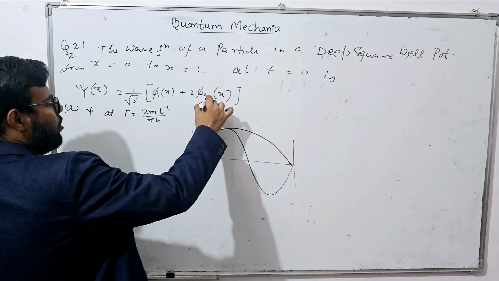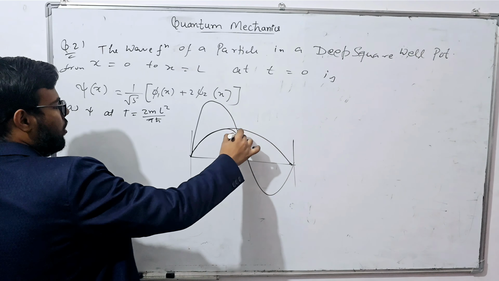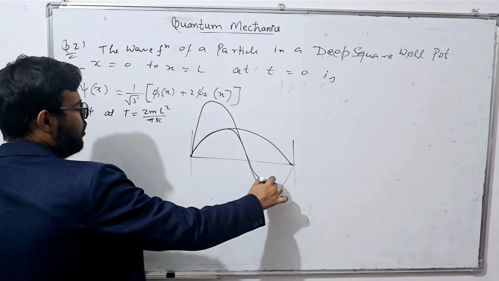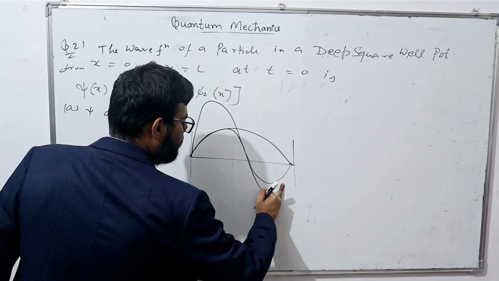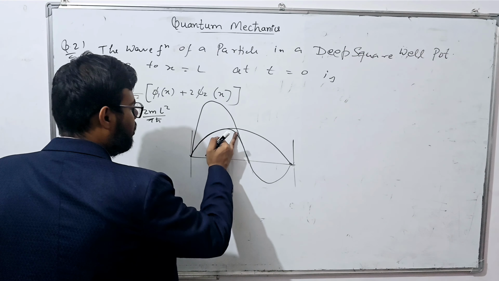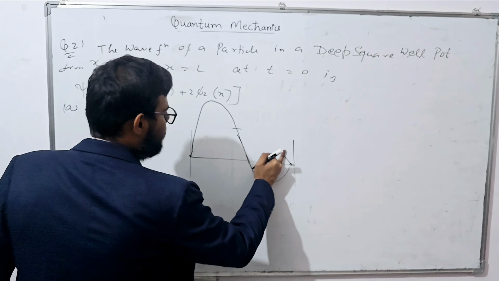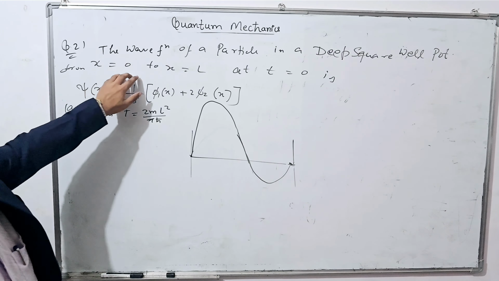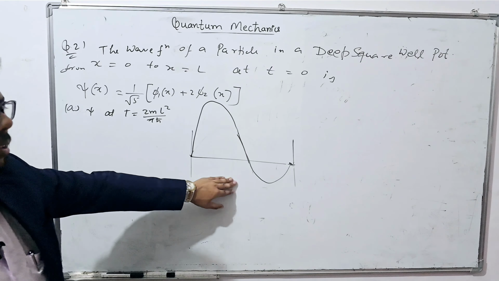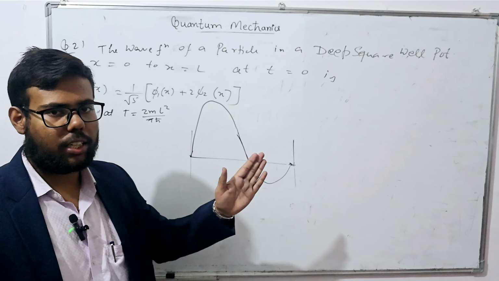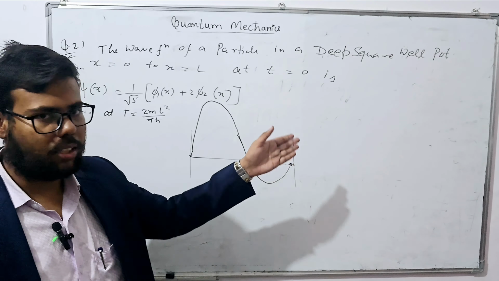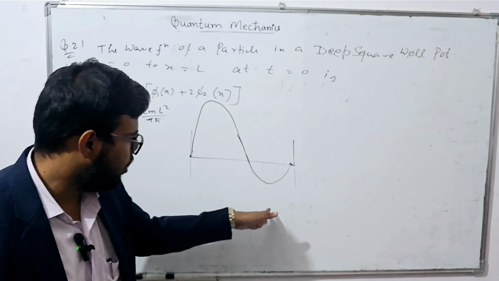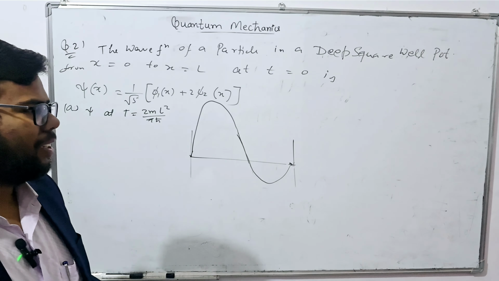In the first case it looks like this, and in this one you will subtract. So the final graph which you will expect to get is this. This is your wave function actually, the given wave function at t equal to 0, right? And it will change with time. It will decrease, increase, then decrease, then increase over here, and so on and so forth, right?